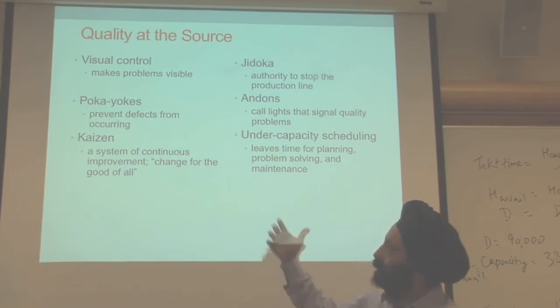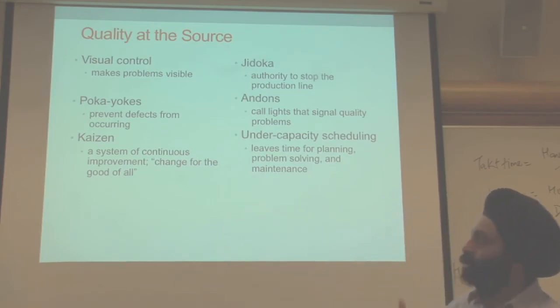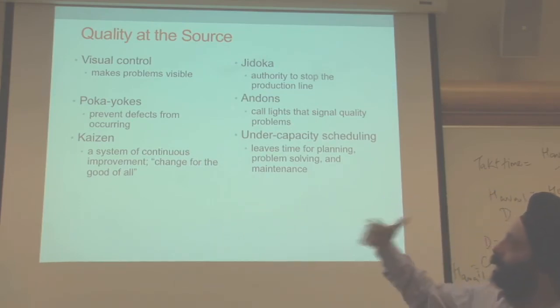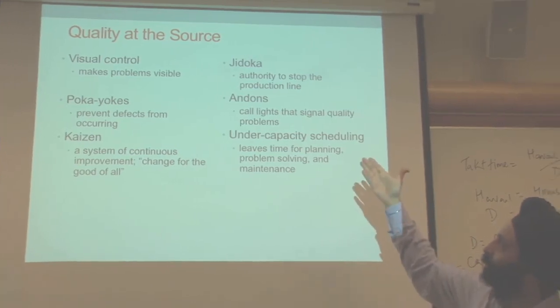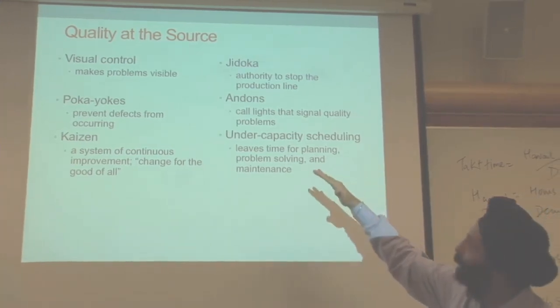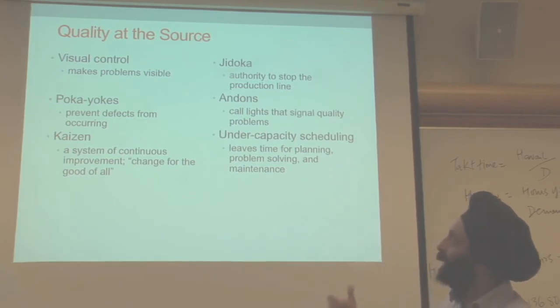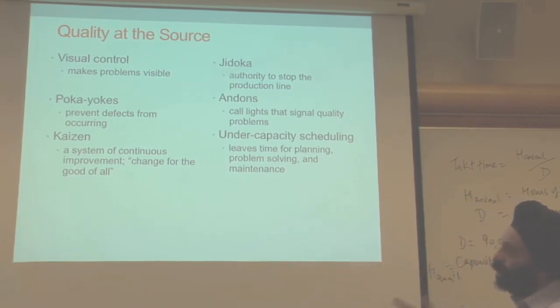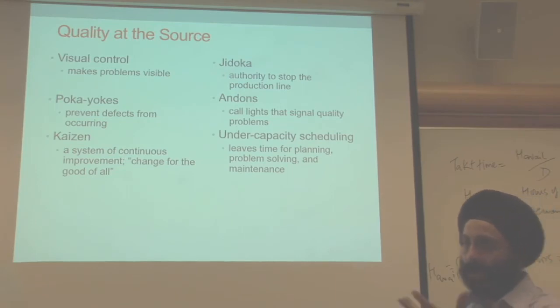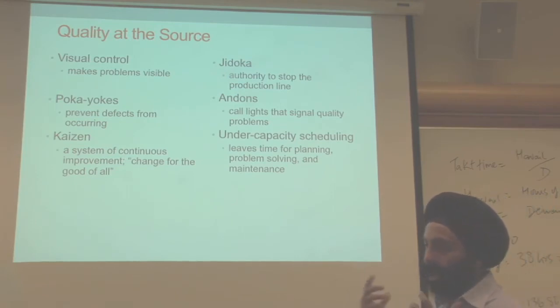This is a system of continuous improvement, changes for the good of all on a continual basis. Jidoka is the authority to stop the production line as needed. And andon is a call light, a signal of a quality problem, so that everybody is aware there's an error happening, and without somebody verbally communicating that, everybody can see it for themselves.